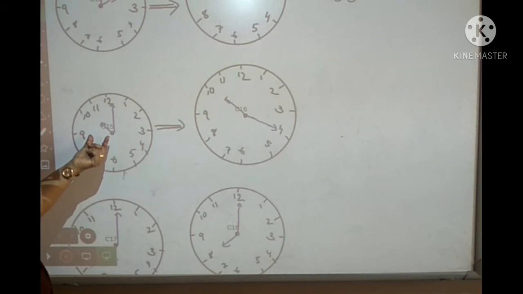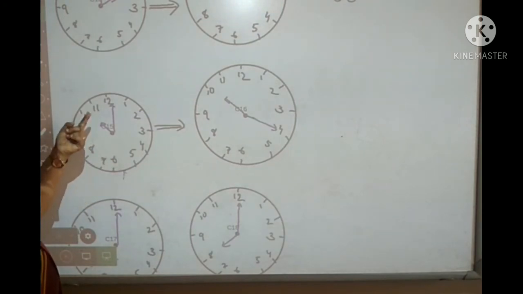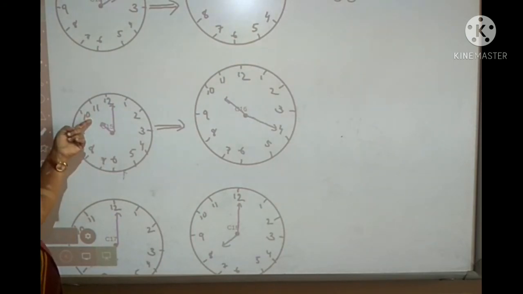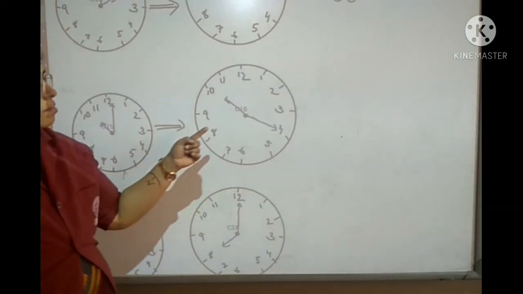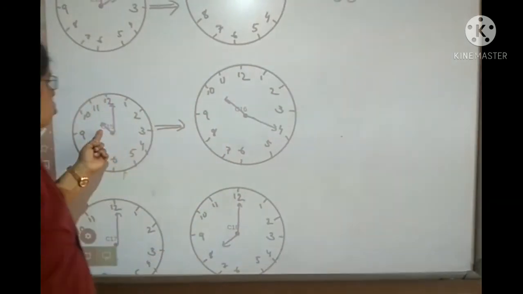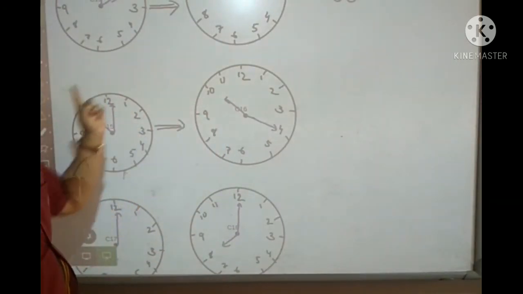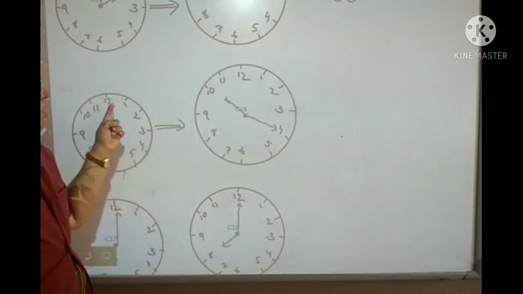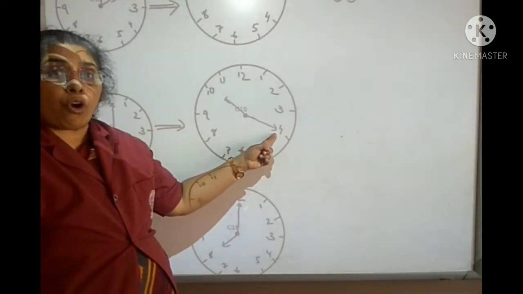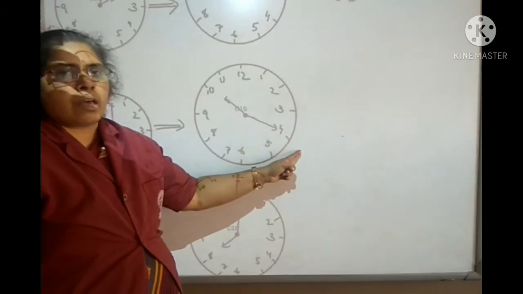Now see here the second question. The minute hand is on 12 and the hour hand is between 10 and 11. That means we used to say the time, this is 10 o'clock. And here the hour hand is also in the same place, and the minute hand was on 12, and in the second clock it is on 4.